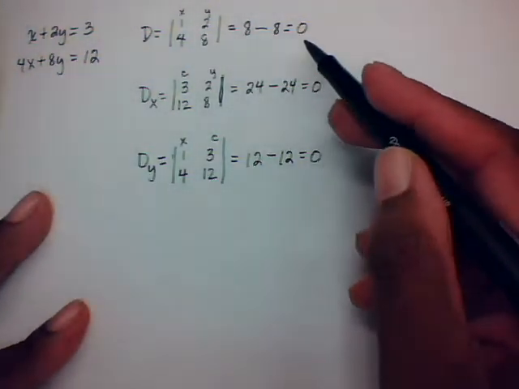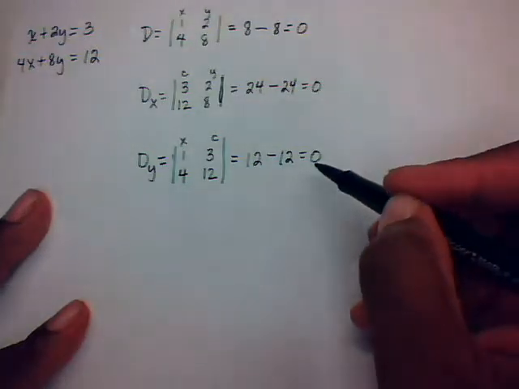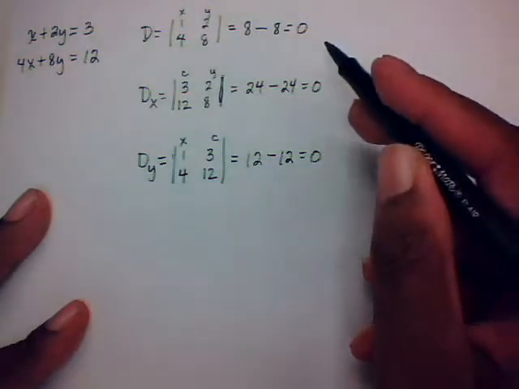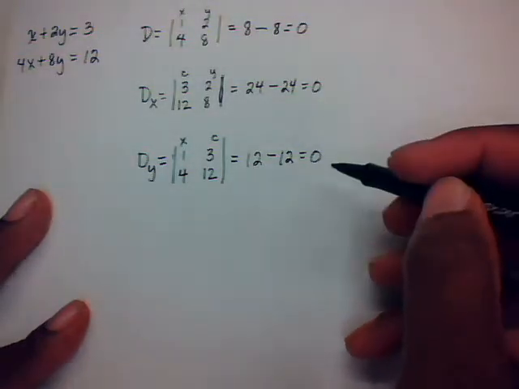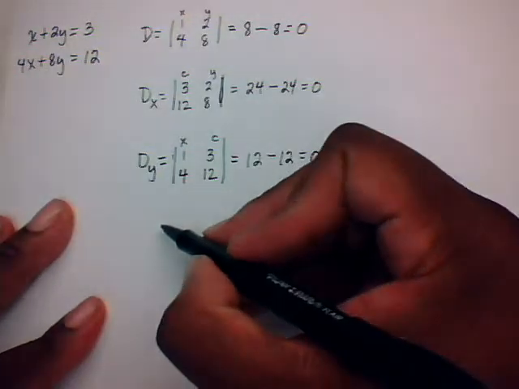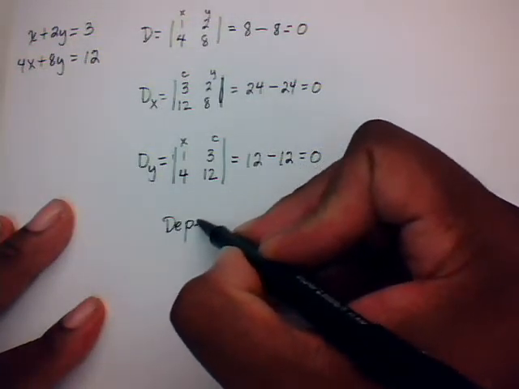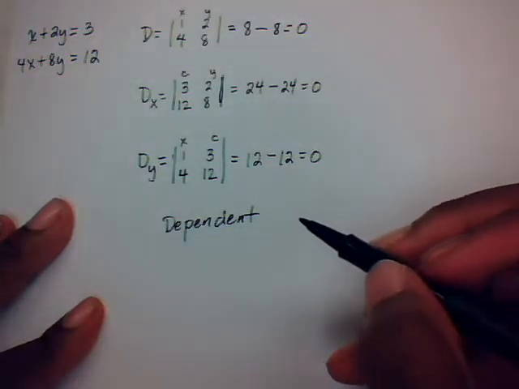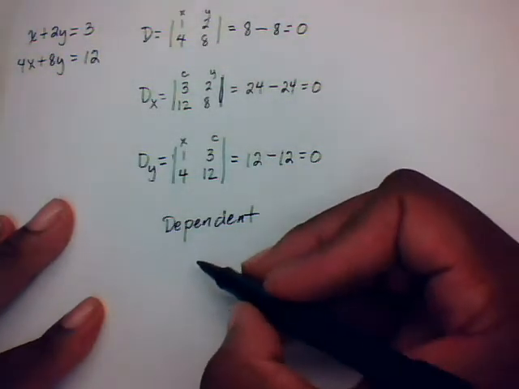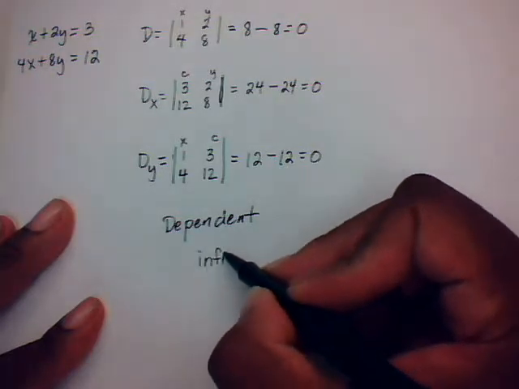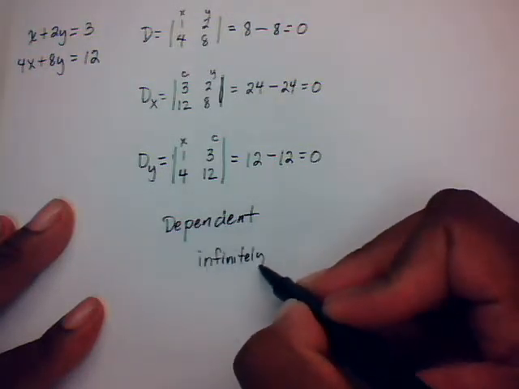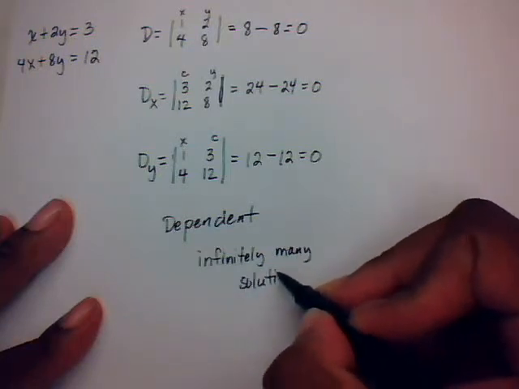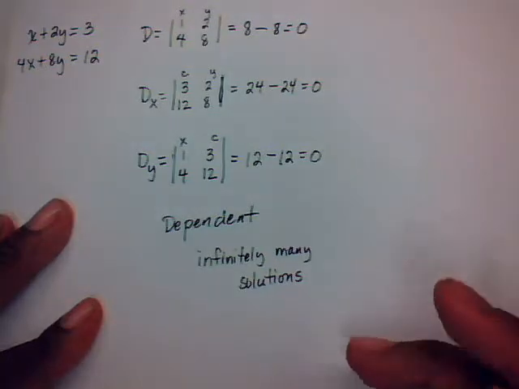In this case, your d sub x and your d sub y are all zeros here. So here the d is 0. The other determinants are also 0 here. So now the system of equations is dependent. Okay? And that means that there are infinitely many solutions.